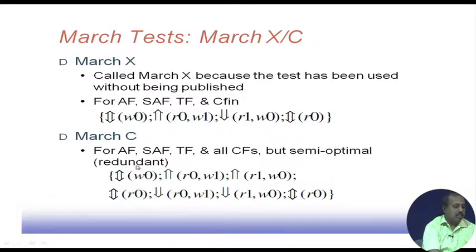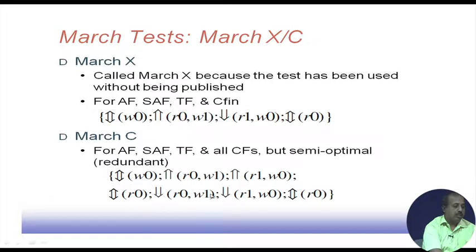For the march C algorithm, the proposed sequence is like this: first write 0, then read 0, write 1, then read 1, write 0, then read 0, write 1, etc. This is again good for address fault, stuck-at fault, transition fault and coupling faults, but it is semi-optimal because some of these operations can be removed.